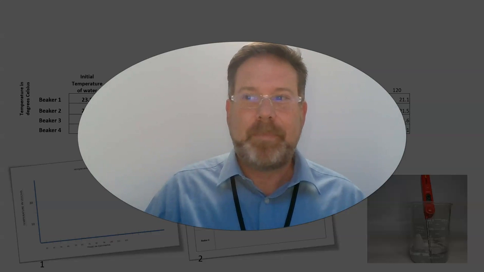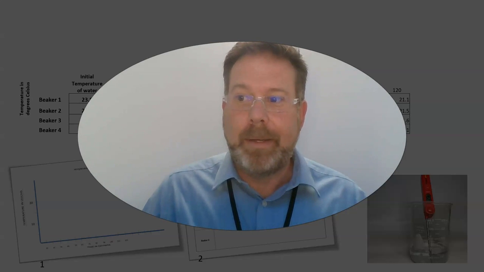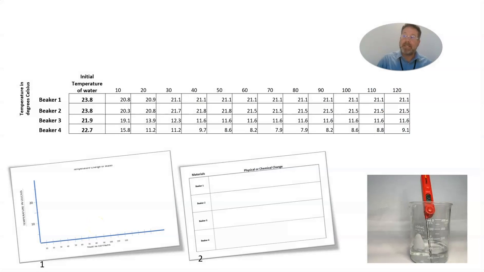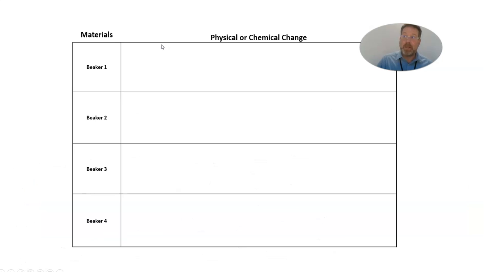But you know what? I have to be completely honest with you. I didn't provide you enough information to fill out the next thing, which is making a prediction whether it's a physical change or a chemical change. That was a little wrong on my part. Some of you put beaker 1 and 2 as just a physical change. Some of you put 3 and 4 as a chemical change.